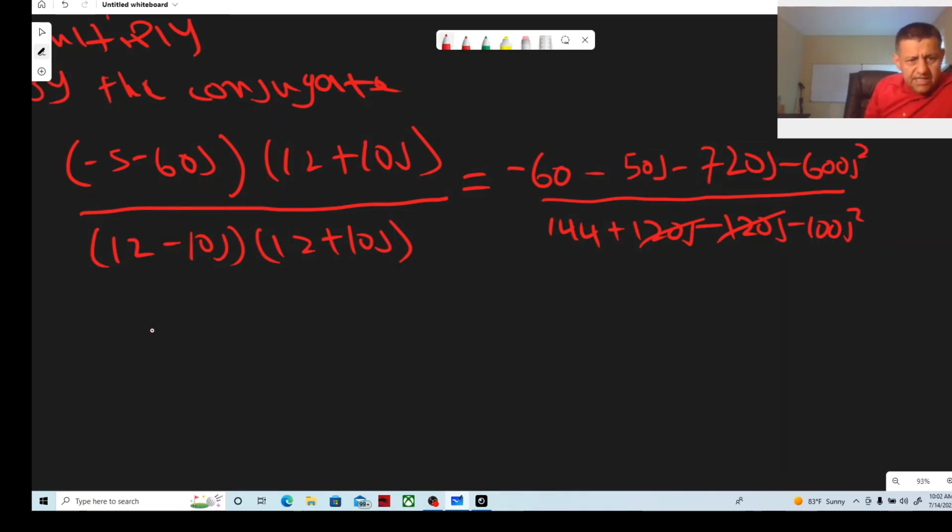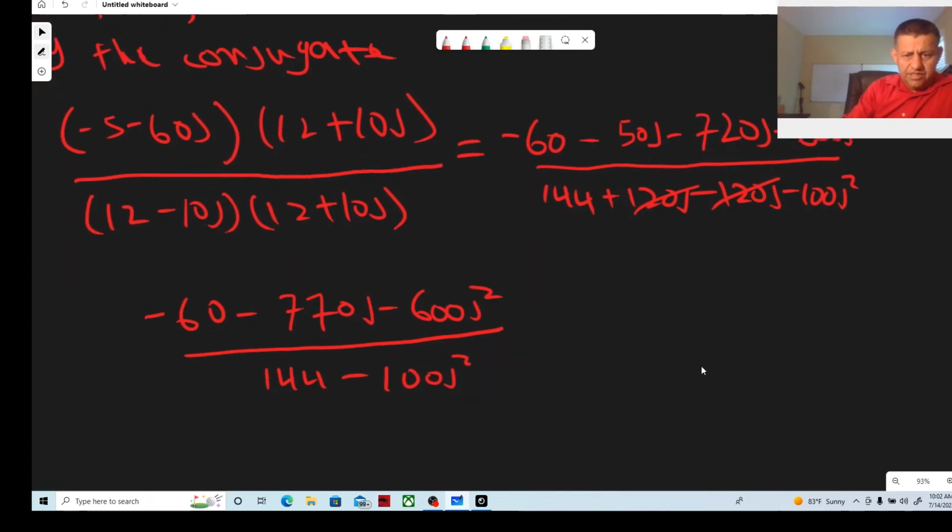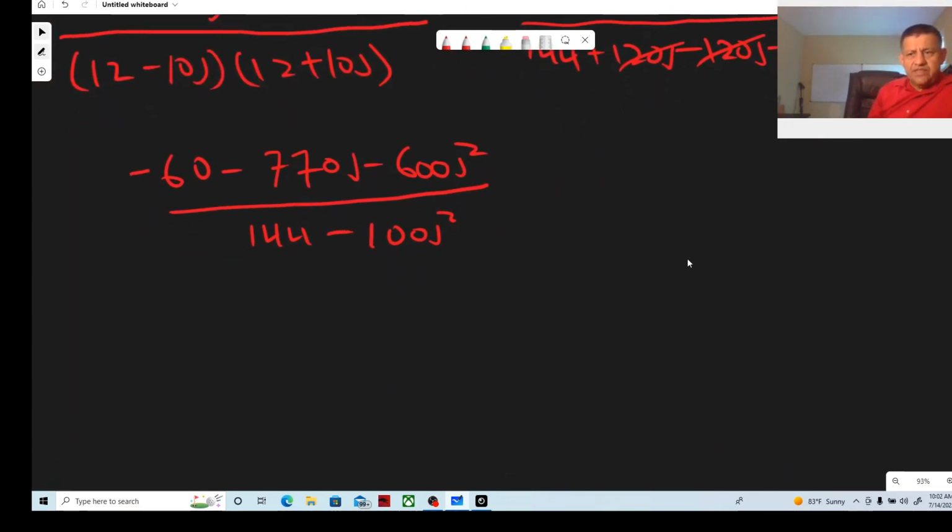So I can say negative 60 minus 770j minus 600j squared, all over 144 minus 100j squared. All right, so now we're seeing that we're getting there, right?